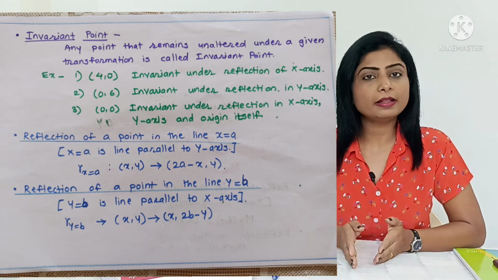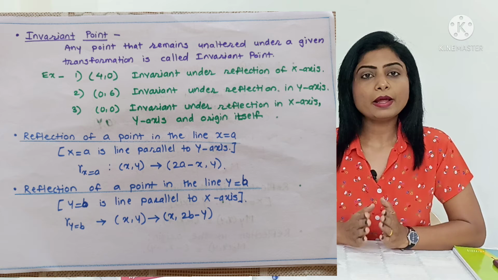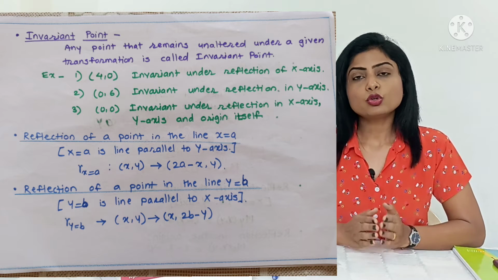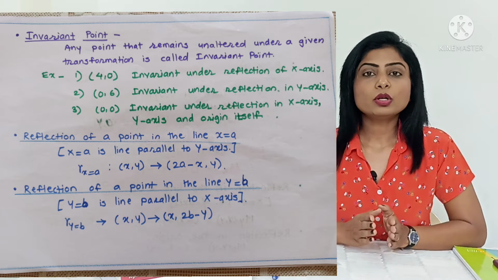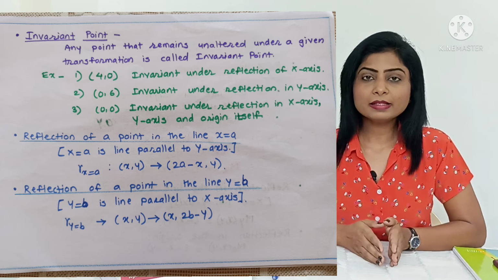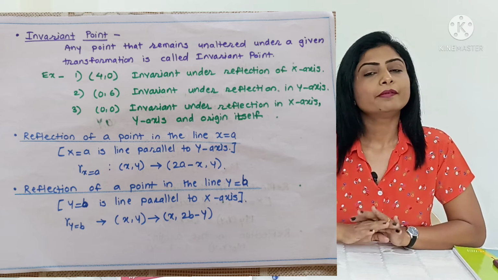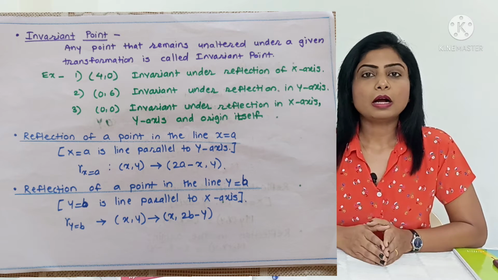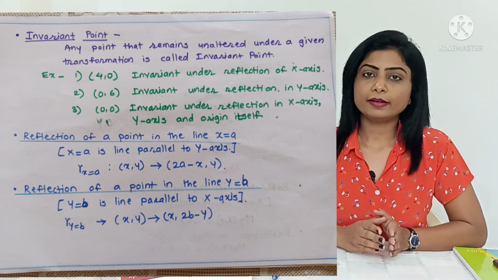So it is invariant in that reflection. When the point is (0, 6), so x is 0 and y is 6. So obviously reflection in the y axis will be unaltered. Then comes (0, 0), that is the origin. In this case the reflection in the x axis, y axis and origin will be unaltered, or transformation will not be there. So it is an invariant point.